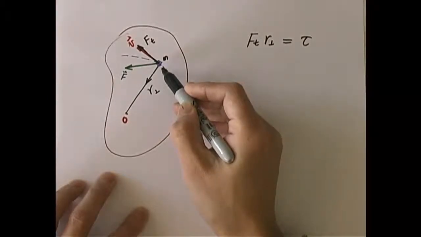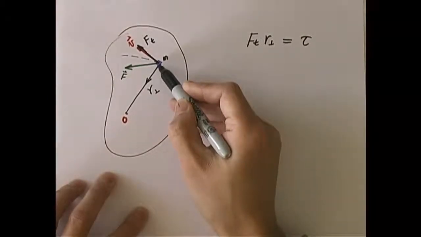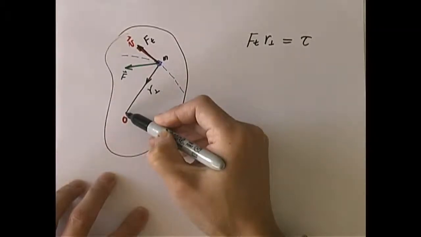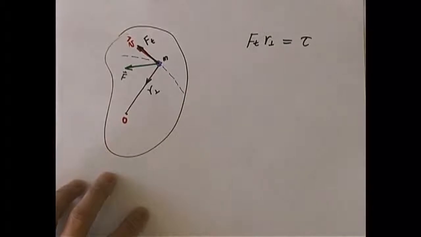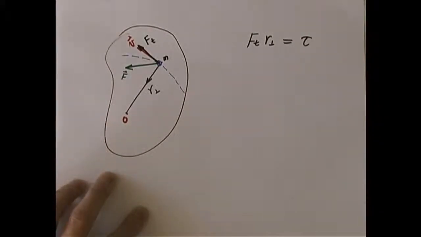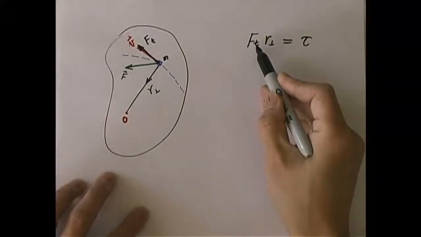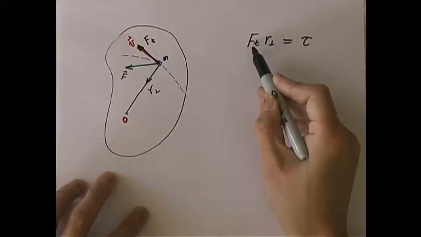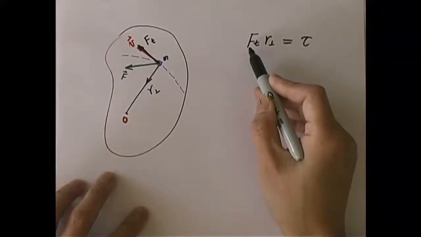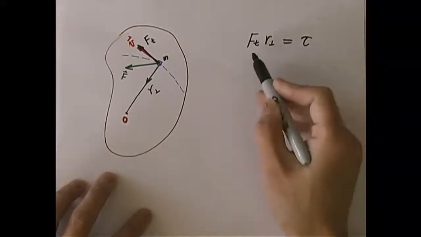In fact, it doesn't provide any torque, because that component of the force pushes directly into the axis. If you push the axis directly, are you going to cause the thing to rotate about the axis? Of course not, right? Try to push the hinge of a door directly. Does that open or close the door? It doesn't. So it is only this component that we are concerned about. And as we see from the previous definition, it is the torque exerted on this object.